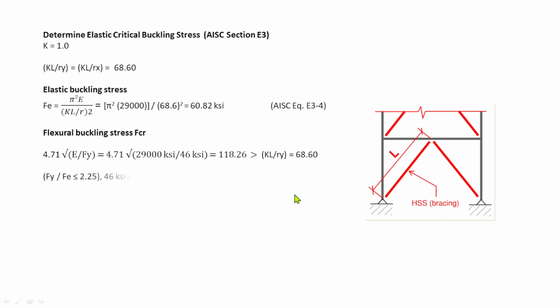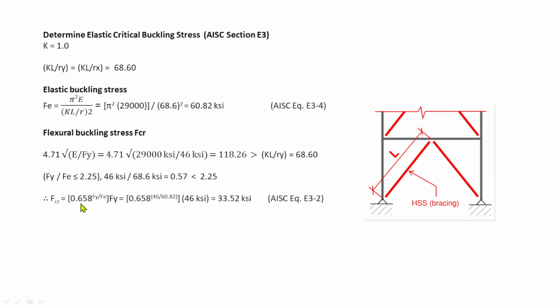The next step is to check this also: Fy over Fe should be less than or equal to 2.25. In our case, 46 over 60.82 is equal to 0.57, which is less than 2.25. Therefore, based on these requirements, we are satisfied with this criteria, so we can use this equation.